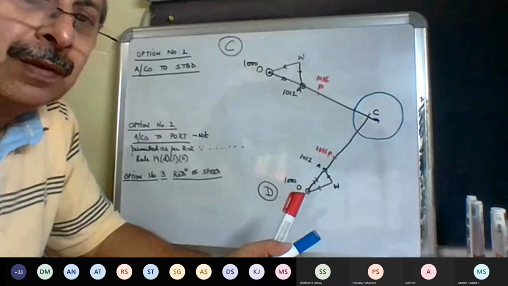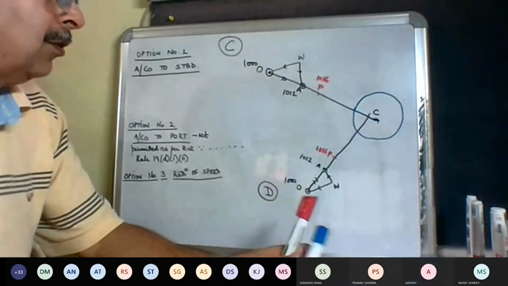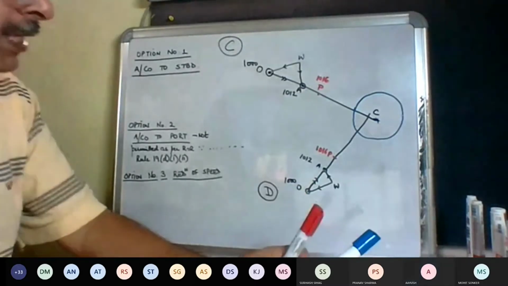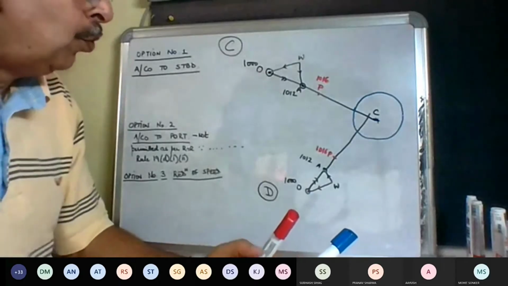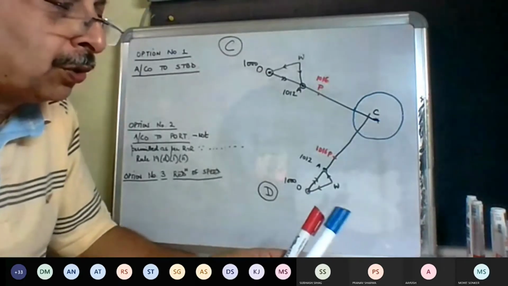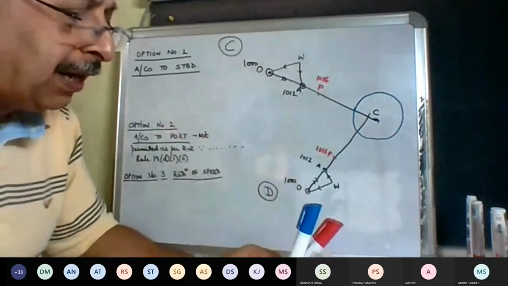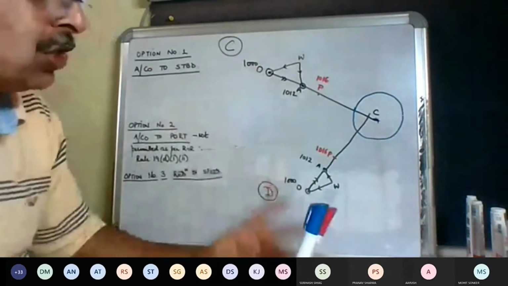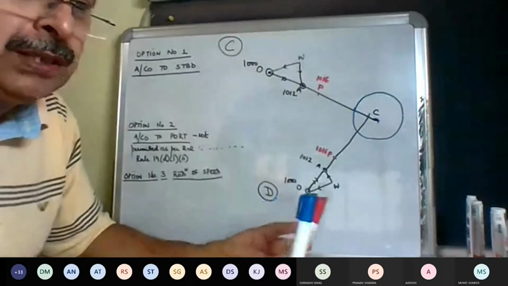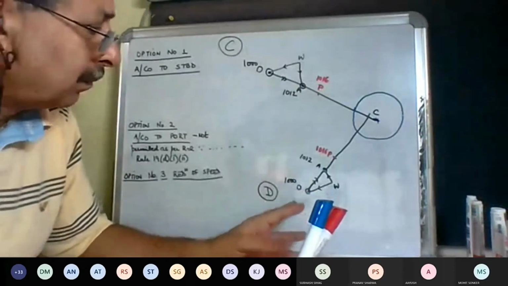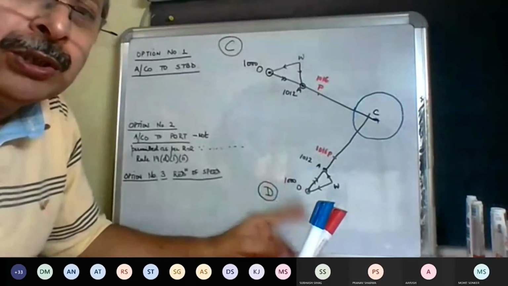Okay. Now the question is how to decide for whom should I alter course. Out of these two, Charlie and Delta, there is one who is a bad guy and one who is a good guy.